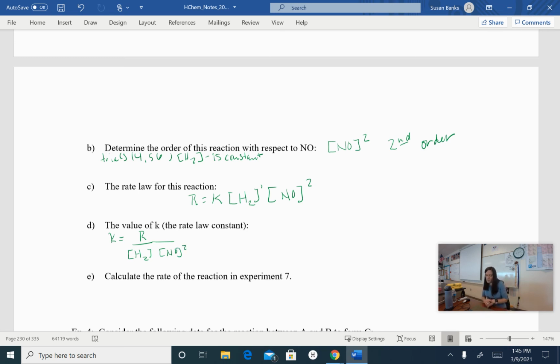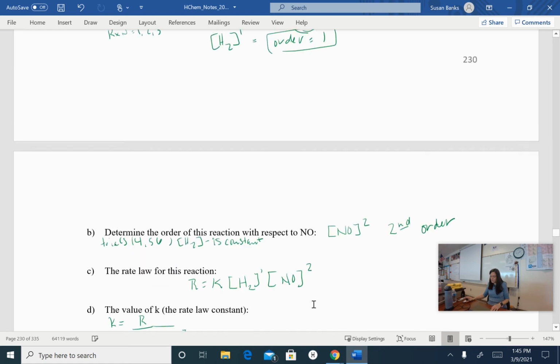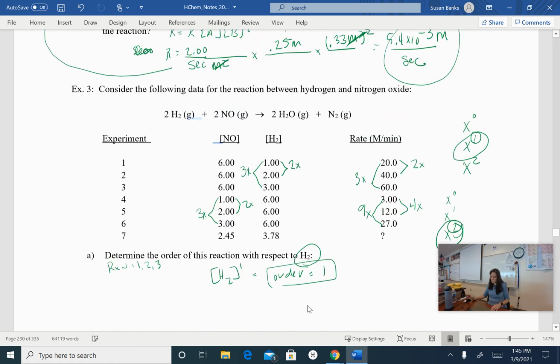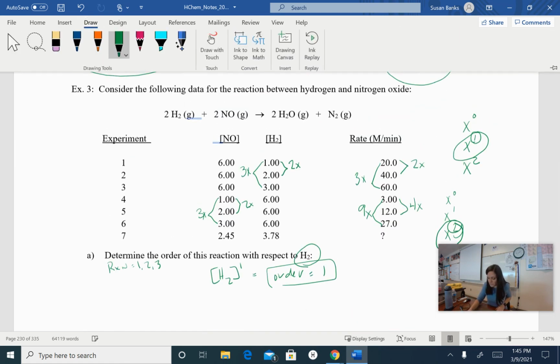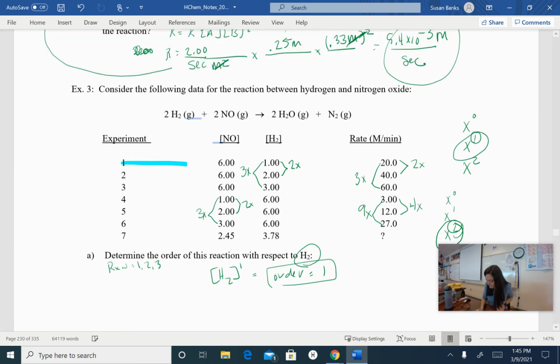I'm going to grab the values from the very first line because that's the easiest one to grab. Our rate is 20 molars per minute. Hydrogen is 1 molar and nitrogen monoxide is 6 molar.